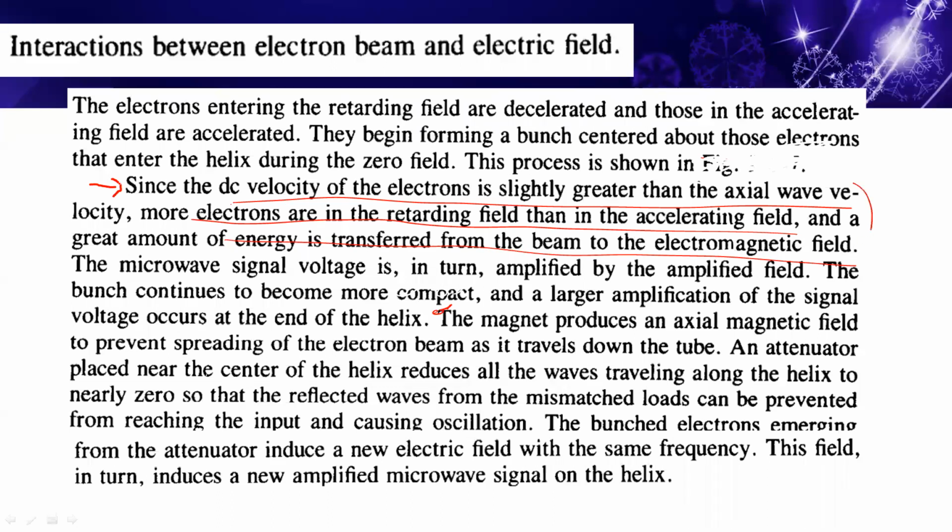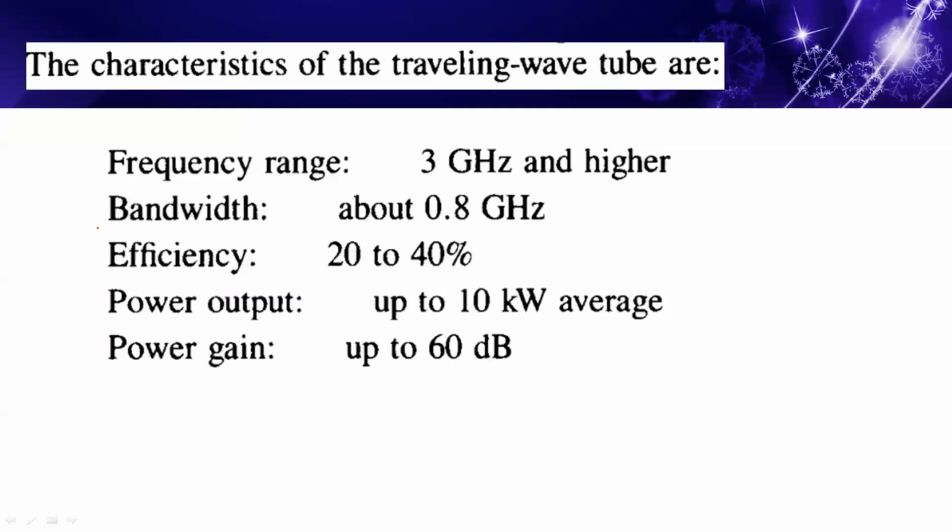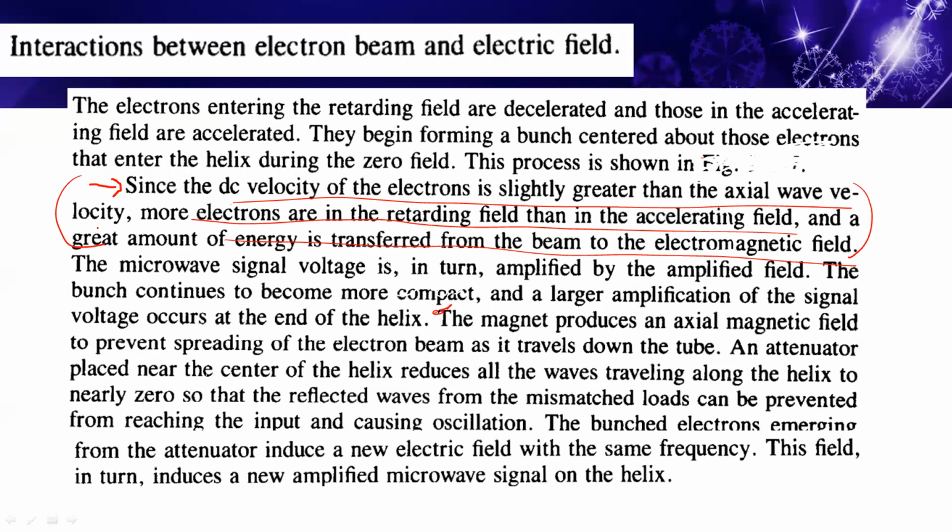This is the main principle of the helix traveling wave tube. The microwave signal is in turn amplified, which is the availability of the signal entering the beam. Clear?